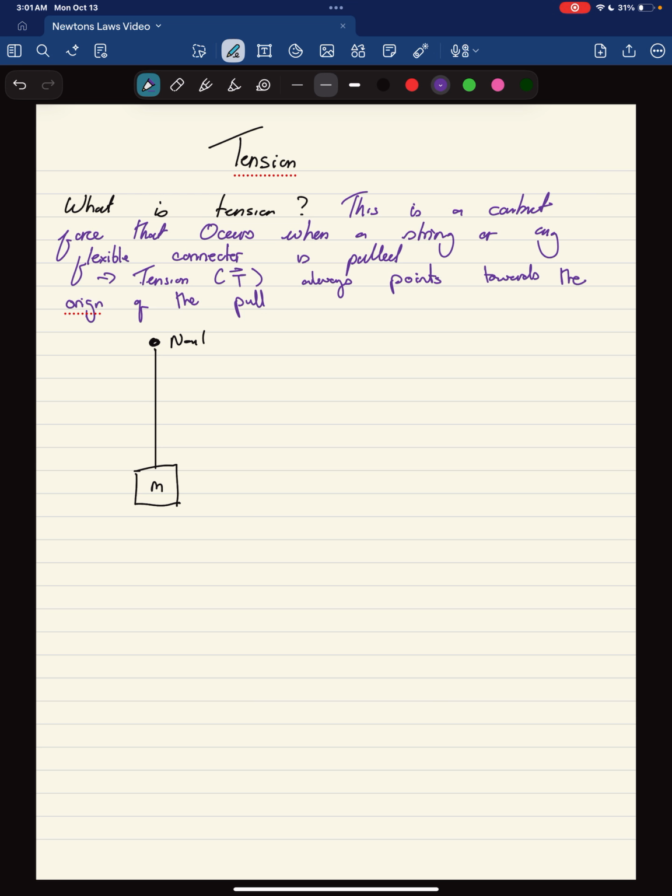All right, so if I have my nail there and I have a mass going down, my tension vector is going to be there. That's my tension vector. But I also have a mass hanging there, so I'm going to have a weight vector.